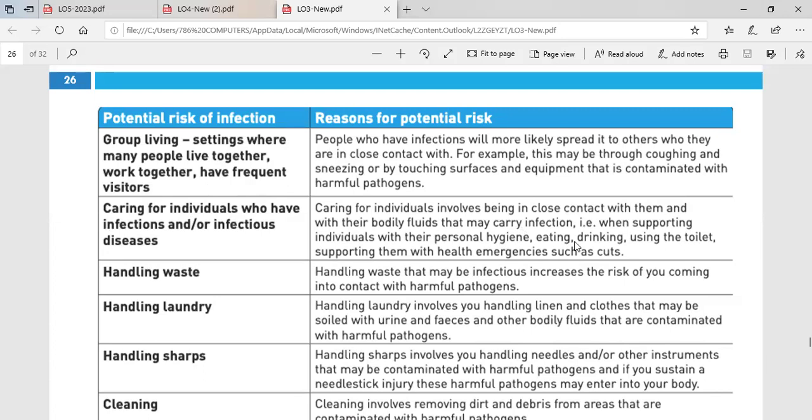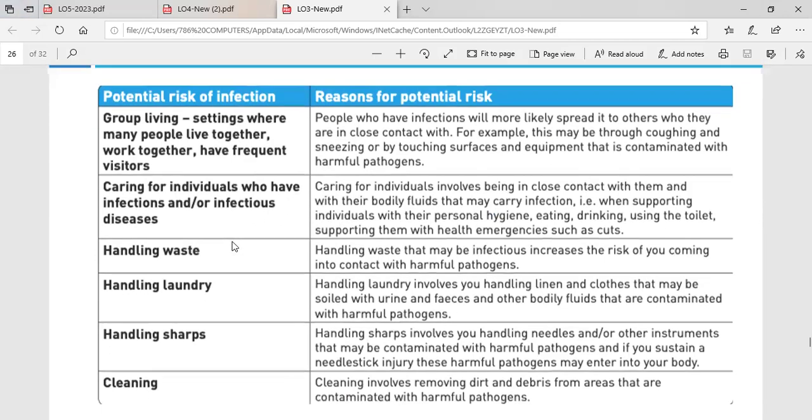Obviously, if people don't adhere to good practice, you can stop this, even if you're working there, through personal hygiene practices. You can have proper eating, drinking, and procedures for using the toilet. If you're doing these activities, you're more at risk, but knowing your increased risk, you would have to make increased efforts.